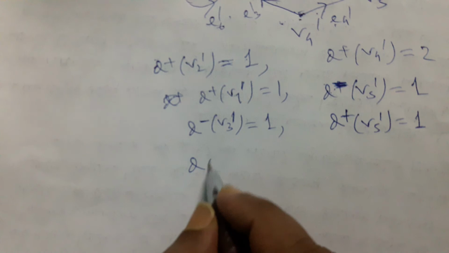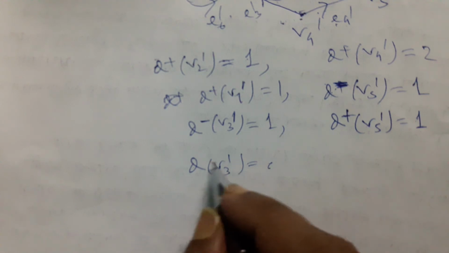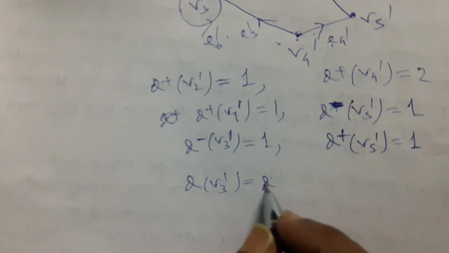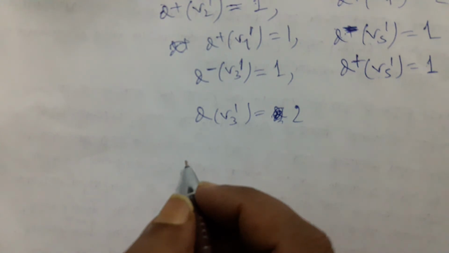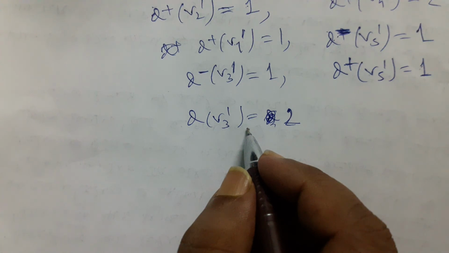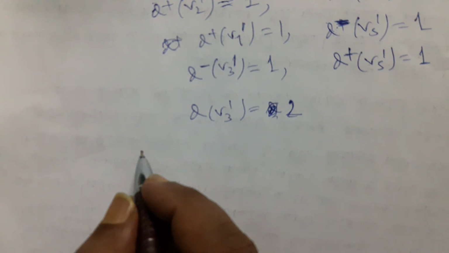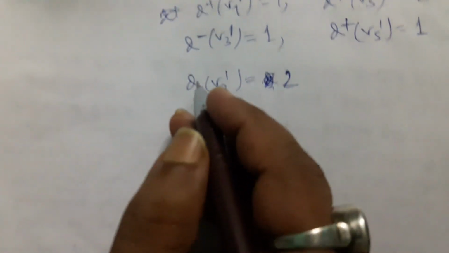So for v3 dash, it is one in degree and one out degree, that is 2 if we consider it as a loop. And in the case of isolated vertices, both in degree and out degree are 0.